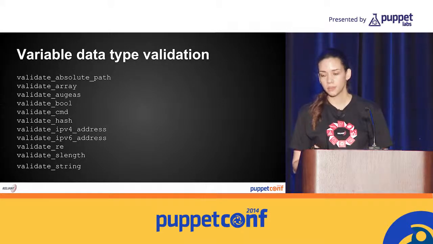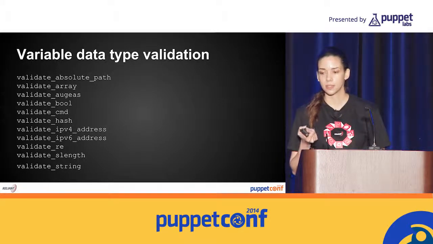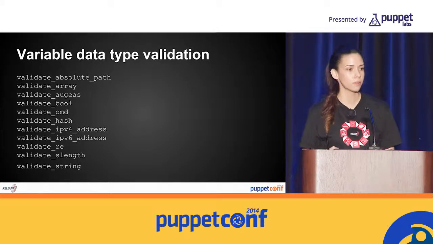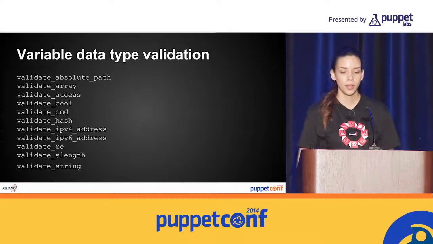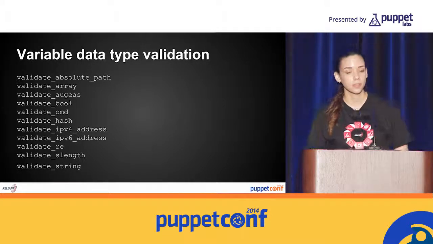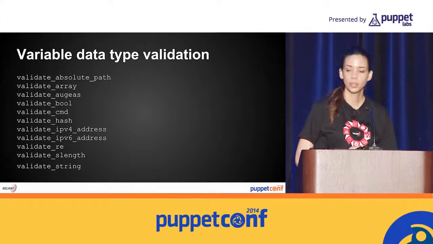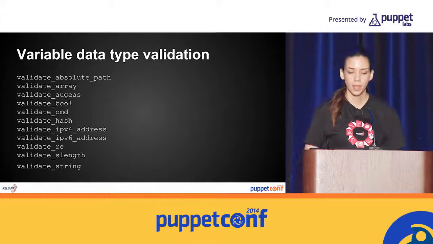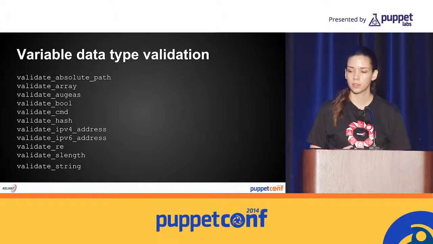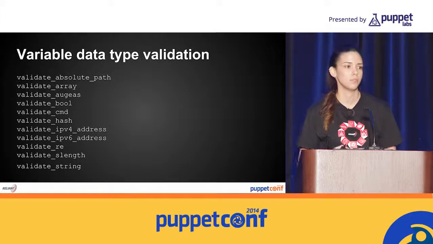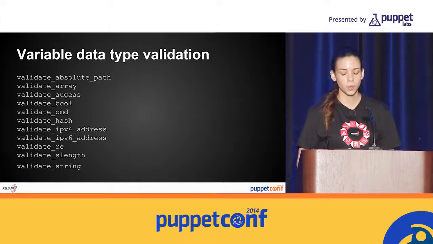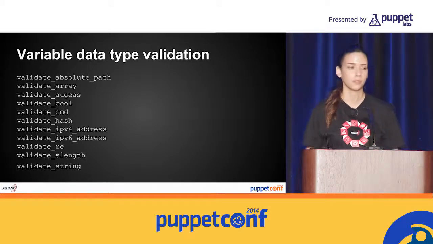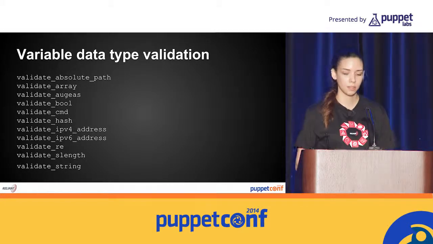And one thing that I found out recently is variable data type validation. It's very similar to Rails, if you are familiar with it, and it is available from the Puppet stdlib module, which has functions for verifying any kind of data type. If the class you are implementing is misused, it's going to raise a Puppet parser error stating that this variable does not have the type of data that you want.